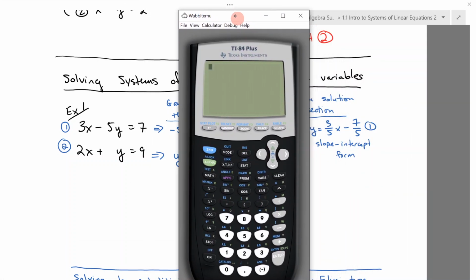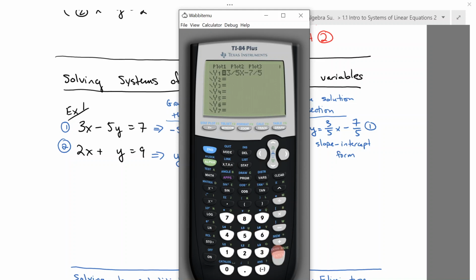Okay, so we're going to graph it, right? So I move it over so I can see y1. So I go into y equals, and then I enter the two equations into y1 and y2, right? So the first one was 3/5, the variable x is here, minus 7/5.